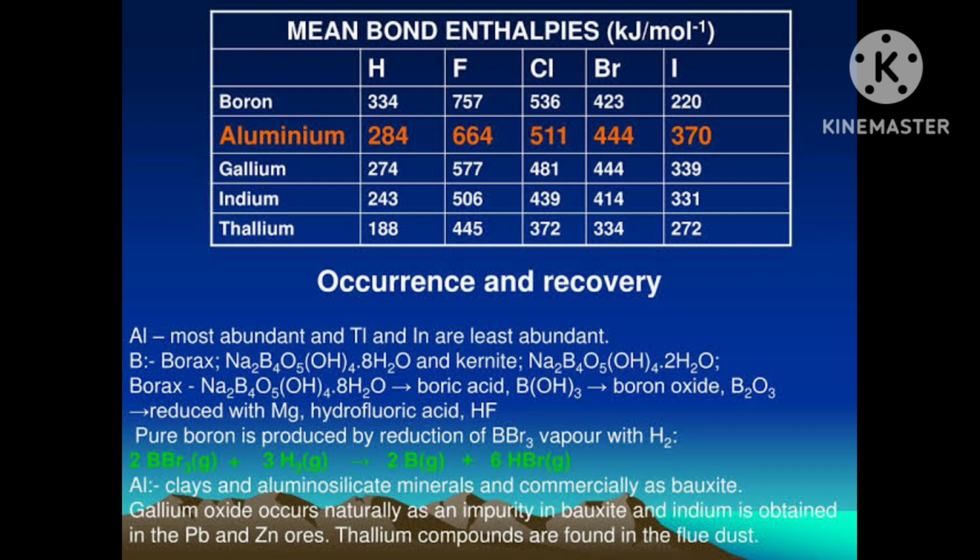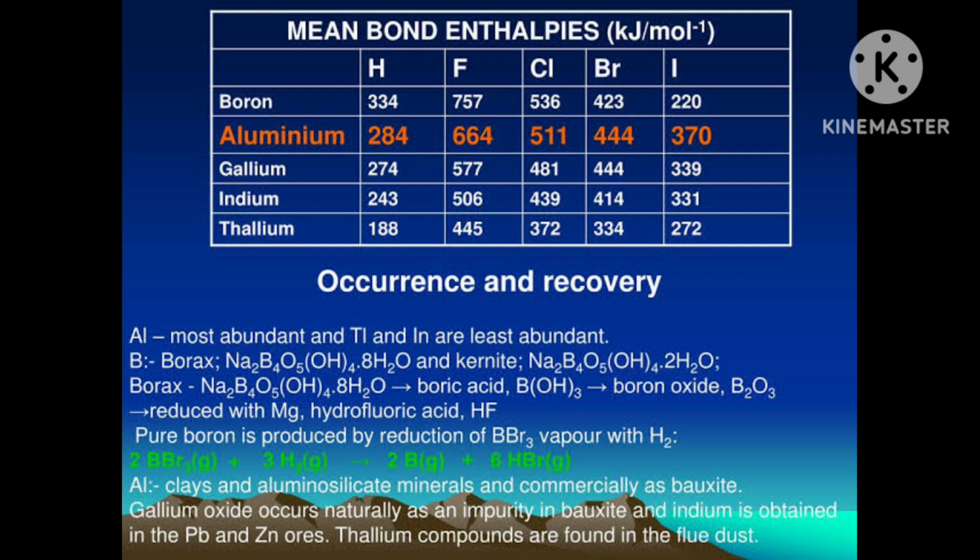The order of ionization enthalpy, as expected, is delta H. First, there are three ionization energies: first ionization energy, second ionization energy, third ionization energy.